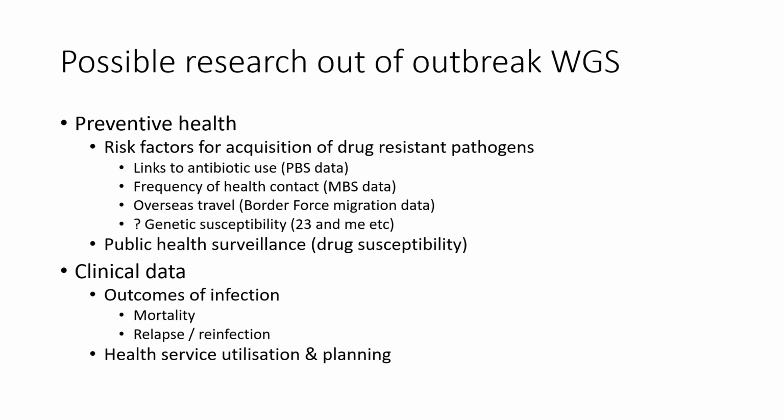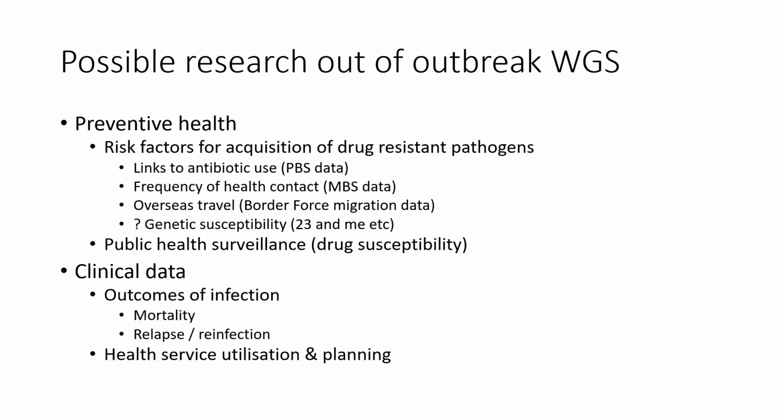So these are just some examples that I've brainstormed while I've been writing this talk. And you can see there that you could look for the risk of a patient acquiring an infection due to these drug-resistant organisms. So for example, how many times they've been prescribed an antibiotic in the community and whether that means they're more likely to develop a drug-resistant infection.